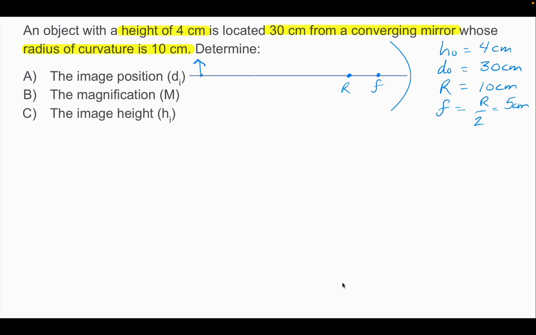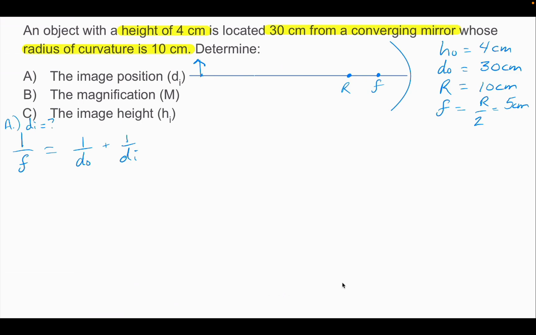So first things first, I want to calculate DI. I want to know the distance of the image. Where is DI going to be here? So I'm starting off with 1 over F equals 1 over DO, which I have, plus 1 over DI, which I don't.